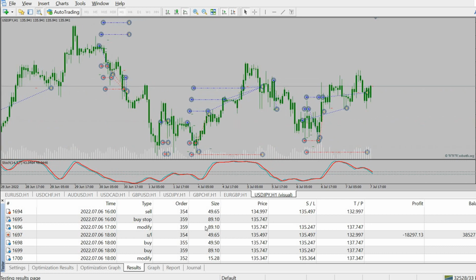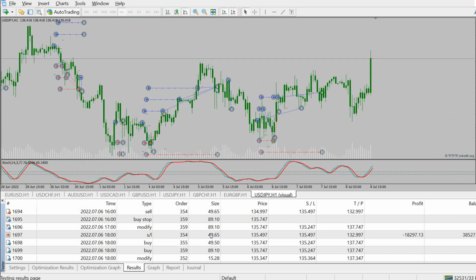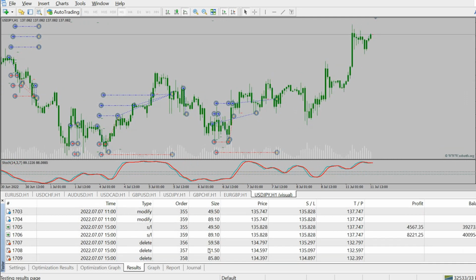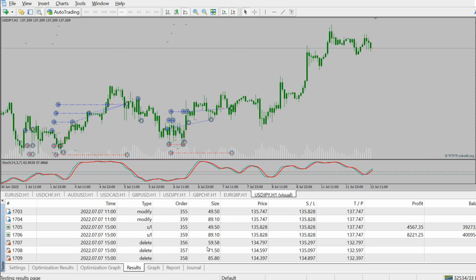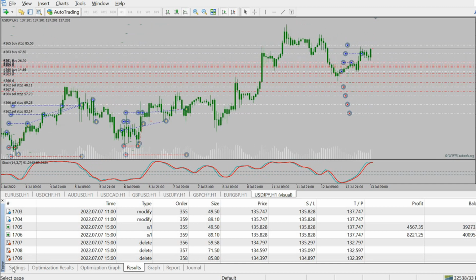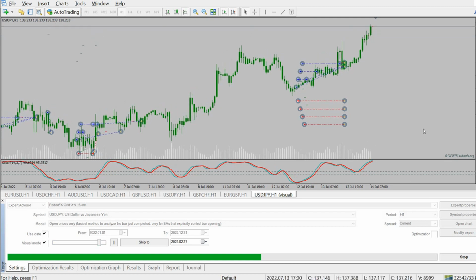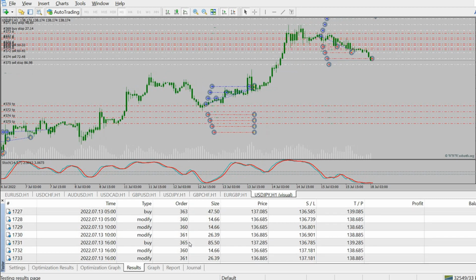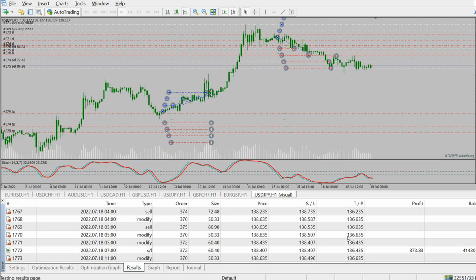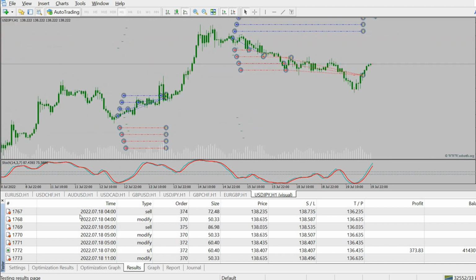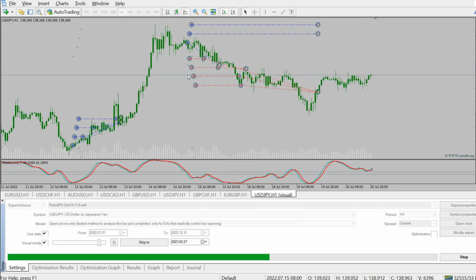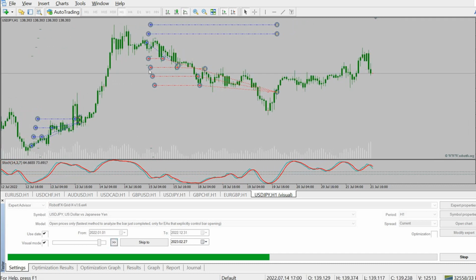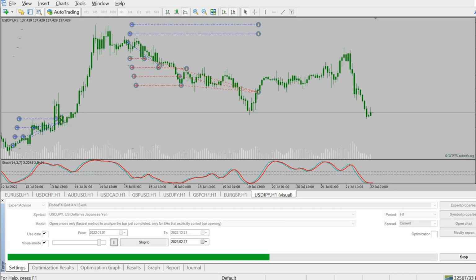And the lot size reached huge values that will probably not happen in real life, unless, of course, the broker will allow that lot size.